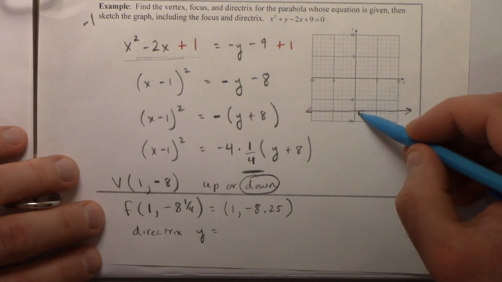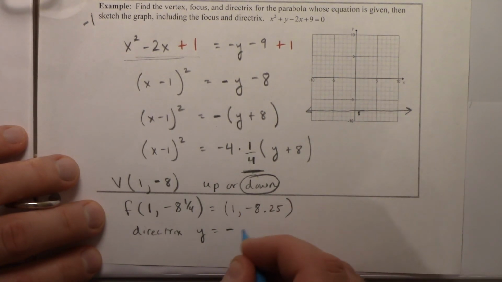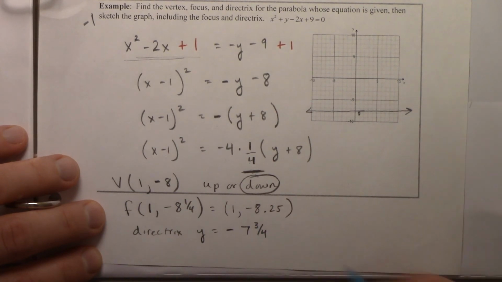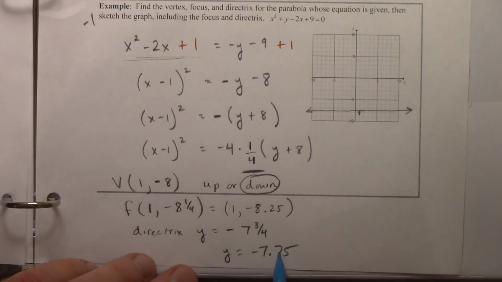We backed up 1/4. So that directrix would be y equals -7 3/4. Or if you prefer a decimal, y equals -7.75. And I certainly have no preference. If you want to write that as a fraction or a decimal, it's fine with me either way.